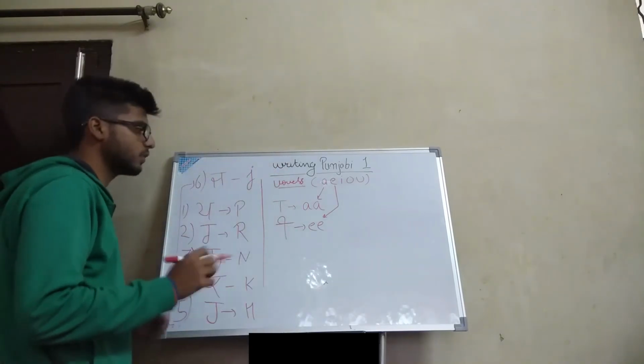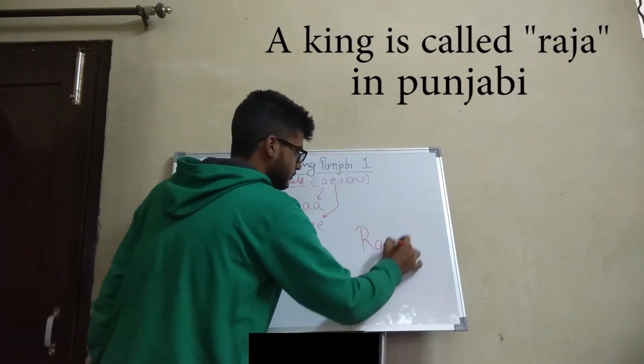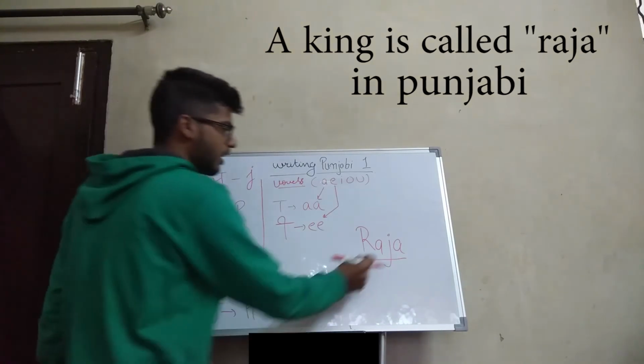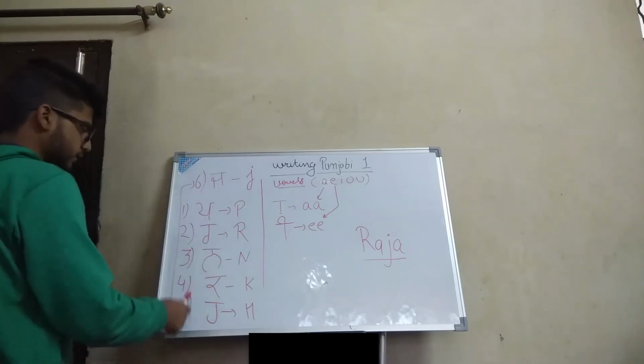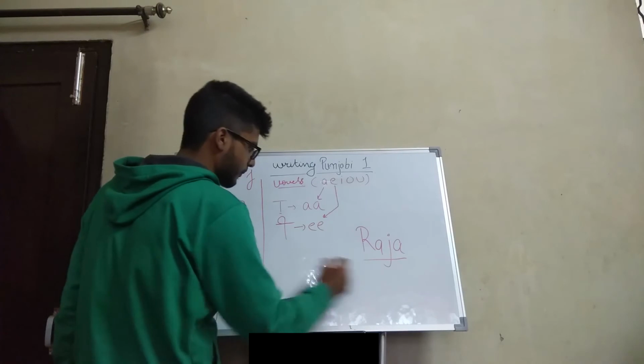So the word was Raja. Raja. We need the A sound 2 times. So this is A. We have R and J. R-A-J-A.